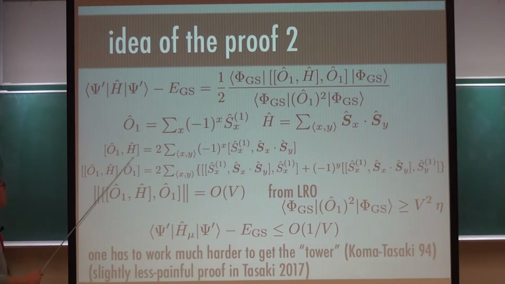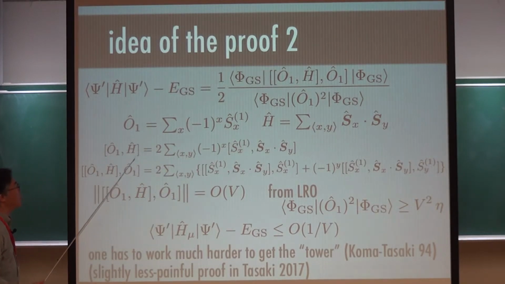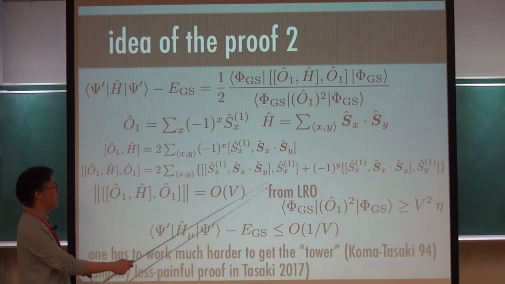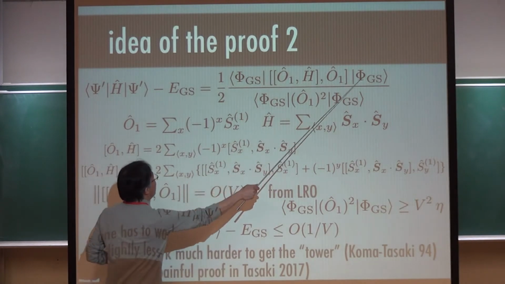Then the commutator itself is also a sum of local operators. This O1 is order V, H is order V, but this commutator is order V, again, not order V squared. And if you take the commutator again, it's again order V. So the norm of this double commutator is bounded by order V. And this takes care of the upstairs.